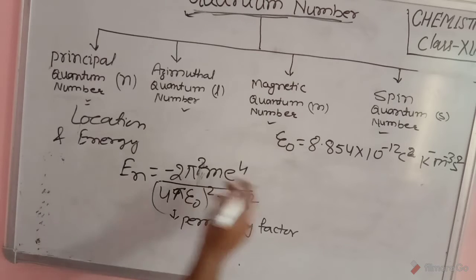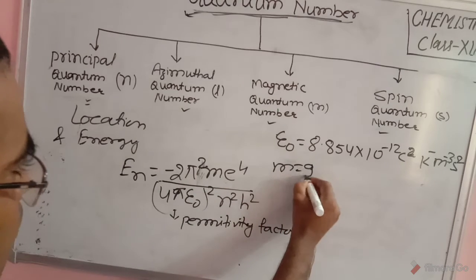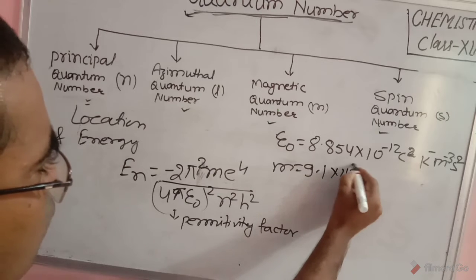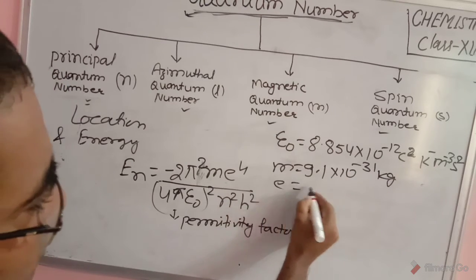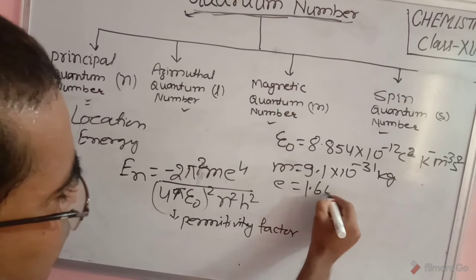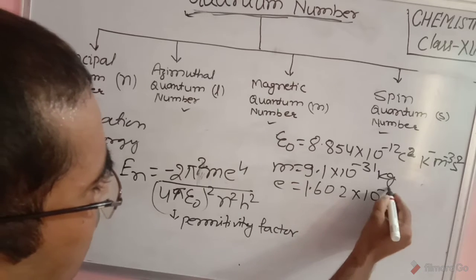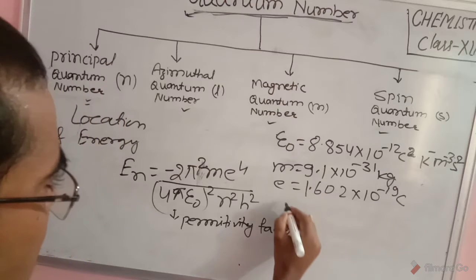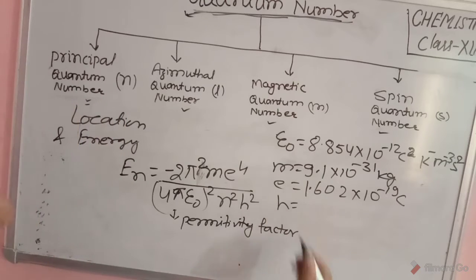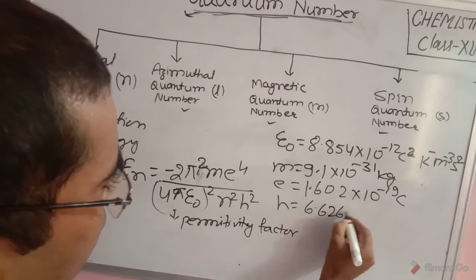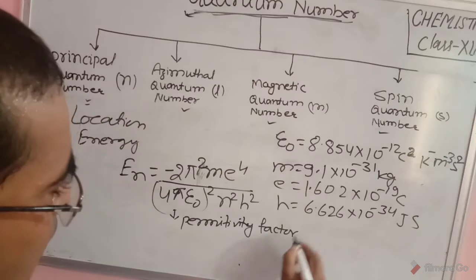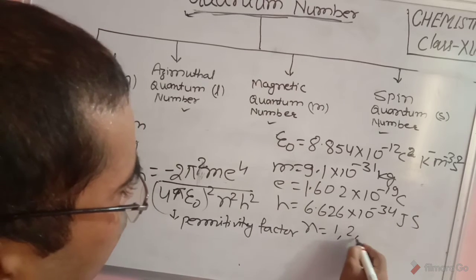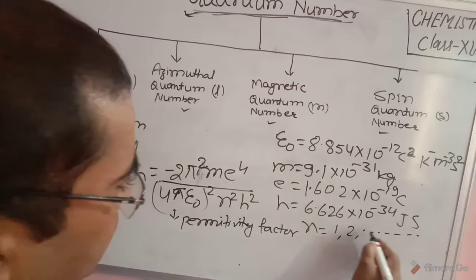And m, that is mass of an electron, is 9.1 into 10 to the power minus 31 kg. E, that is charge of an electron, is 1.602 into 10 to the power minus 19 coulomb. H is Planck's constant, and that is 6.626 into 10 to the power minus 34 joule second, and n is equal to 1, 2, 3, and so on.